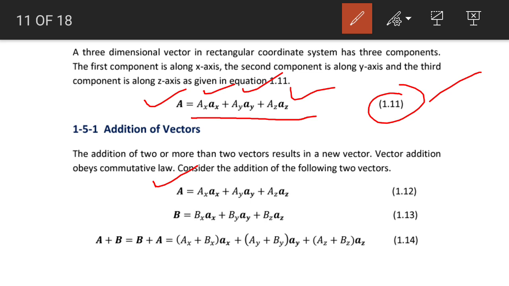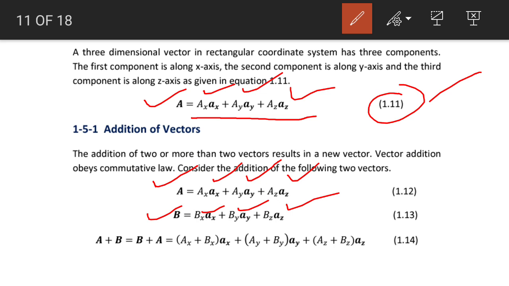This vector has three components: the component along the x-axis, the component along the y-axis, and the component along the z-axis. We consider another vector, which is represented by b, and this is also a three-dimensional vector with three components along the x-axis, y-axis, and z-axis.